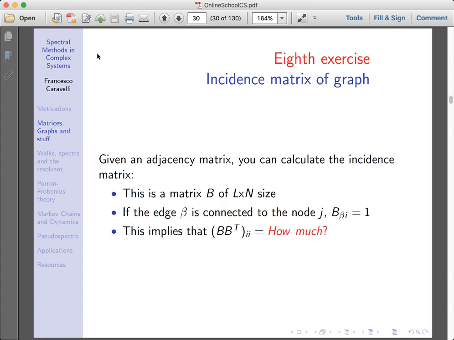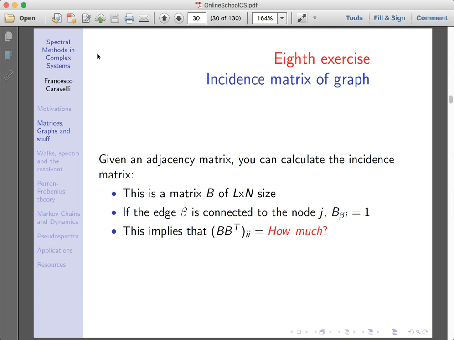Another way of describing a graph is via the incidence matrix. Unlike the adjacency matrix, the incidence matrix is L by n, where L is the number of edges while n is the number of nodes.